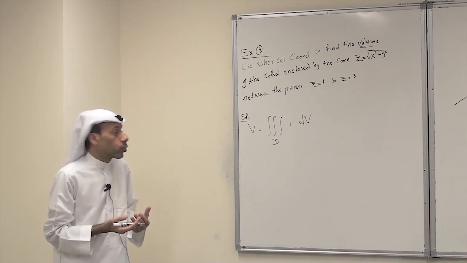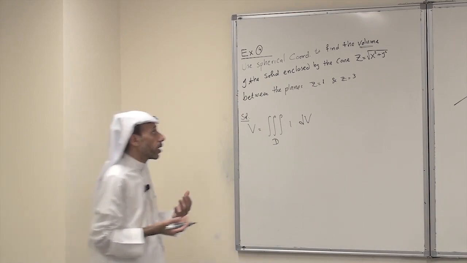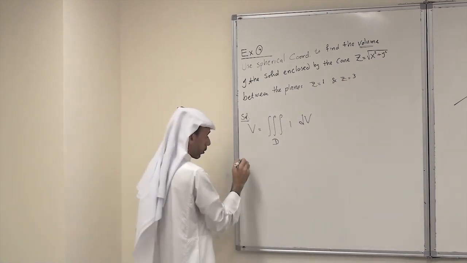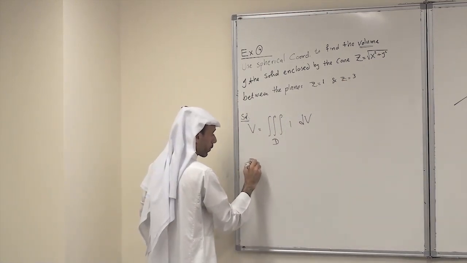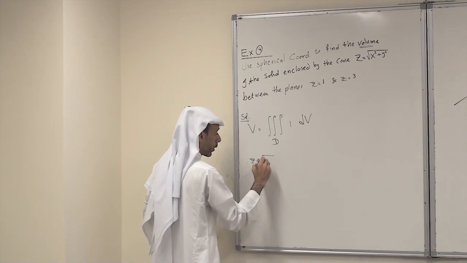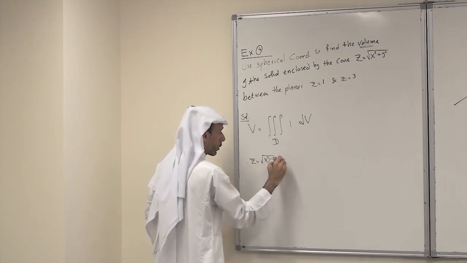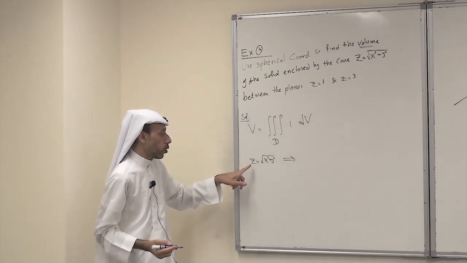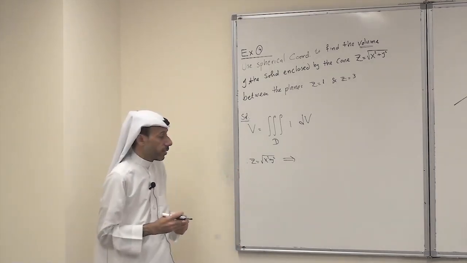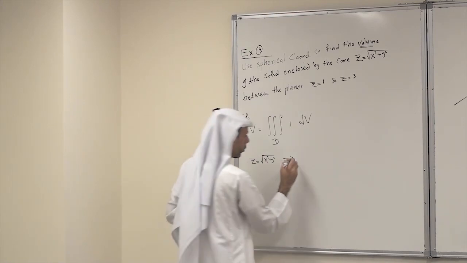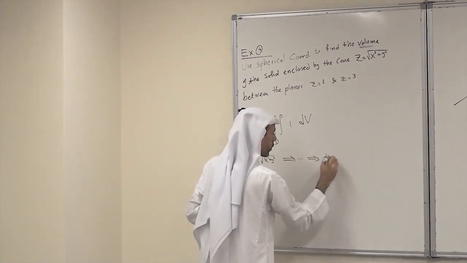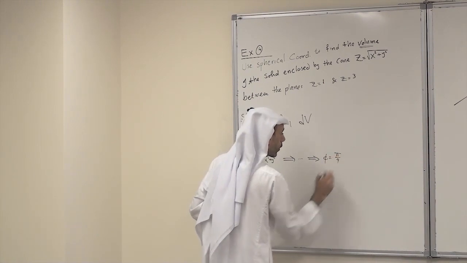We need to find the solution in spherical coordinates, so we change the given equations to spherical coordinates. So z equals root x squared plus y squared. To change it, substitute the values of z, x and y in terms of spherical coordinates. When we do that, it is not difficult to check that phi equals pi over 4.